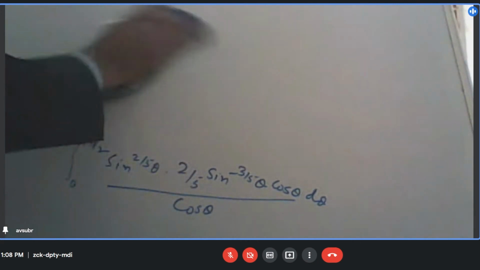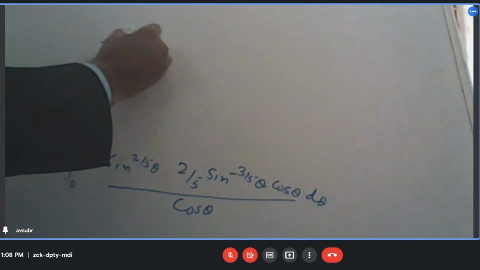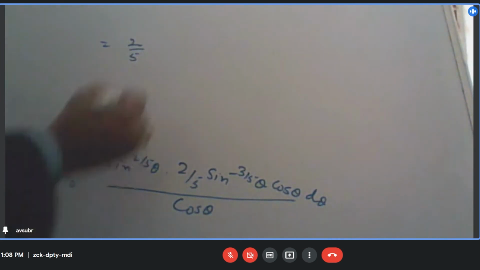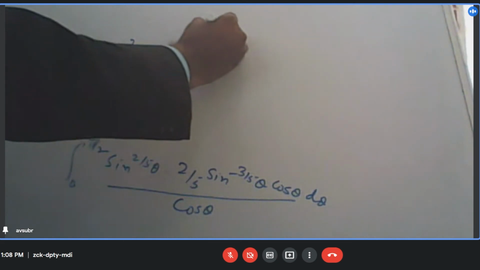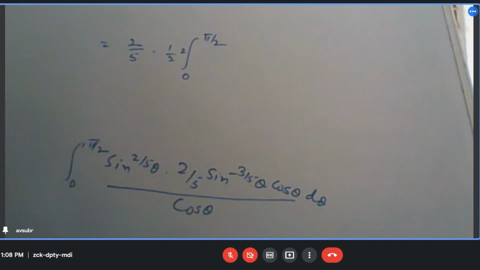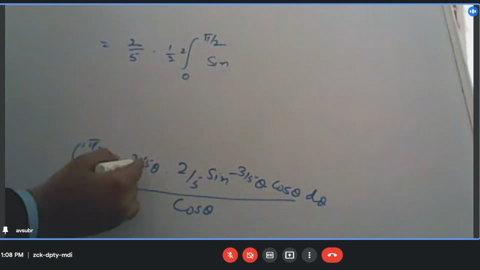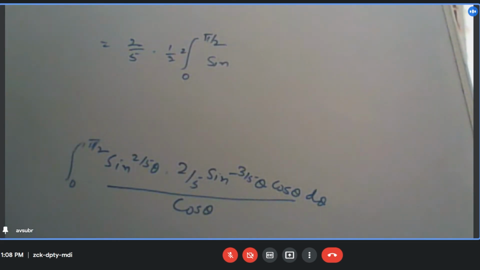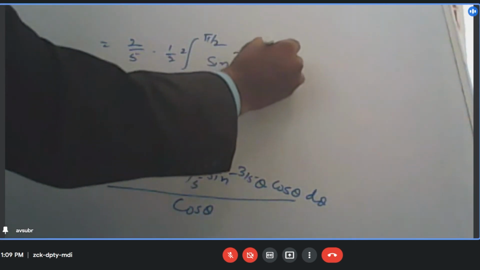Okay, so I can write it like this as well. 2 by 5 I can take out over here, and I can write it as into 1 by 2, 0 to pi by 2, into 2 sine to the power 2 by 5 minus 3 by 5. How much will it be? Minus 1 by 5. So I can write it as 2 into 2 by 5 minus 1.